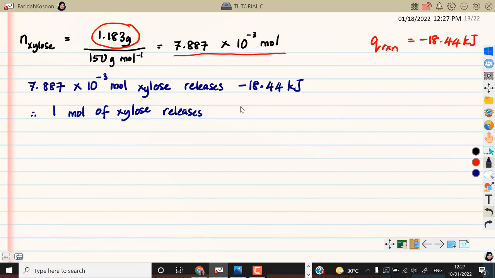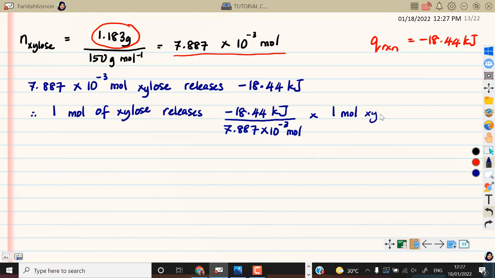So how are we going to calculate? So negative 18.44 kilojoule. So this one is released by 7.887 times 10 to the power of negative 3 mole, okay, times 1 mole of Xylose.